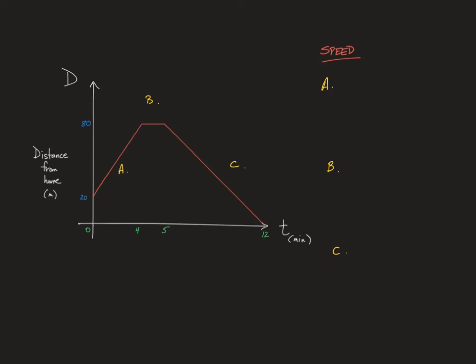So we should be back. And hopefully what we came up with for A is we noticed that we went up 60. When we take a look and try to interpret that speed, we need to know our change in distance. And so we went up 60 meters, and it took us 4 seconds.